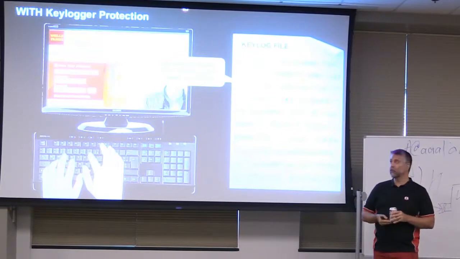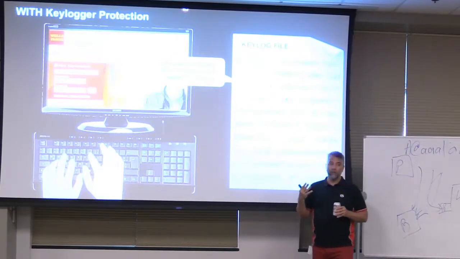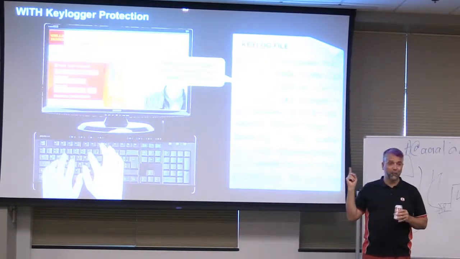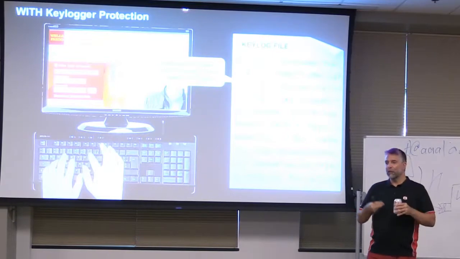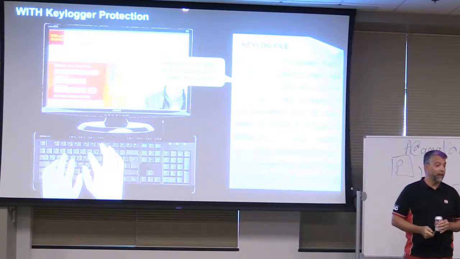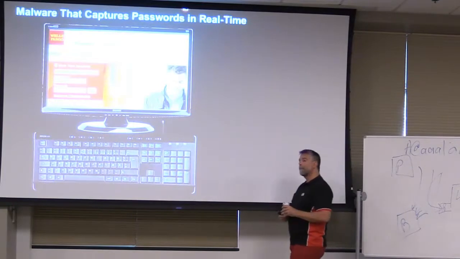Tons and tons of gibberish characters. By the way, in their file, all the real letters aren't read. I just put them there so you could see that the real password is going in. When a hacker looks at this, they're just going to get all this gibberish that they can't do anything with. So that's one other level of protection.